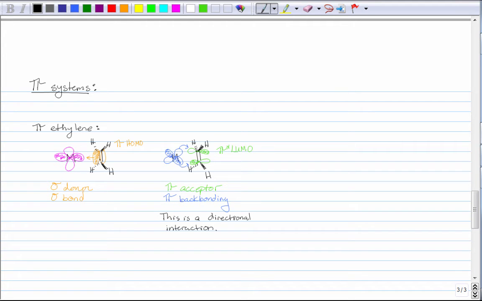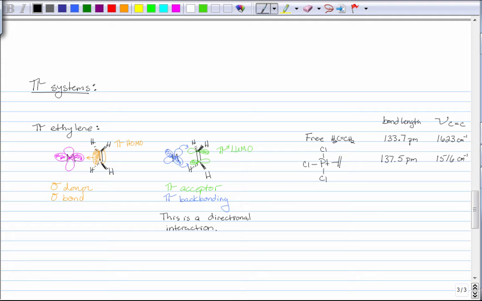This type of interaction is supported by evidence that free ethylene bond length is shorter than the bond length when ethylene is bound to a metal ion. For example, the bond length of an ethylene molecule bound to platinum is 137.5 picometers with a vibrational frequency of 1,516 inverse centimeters.